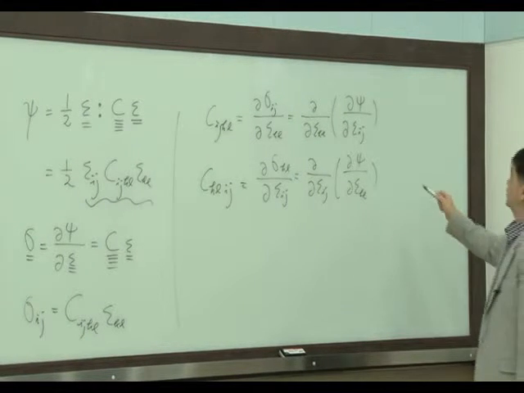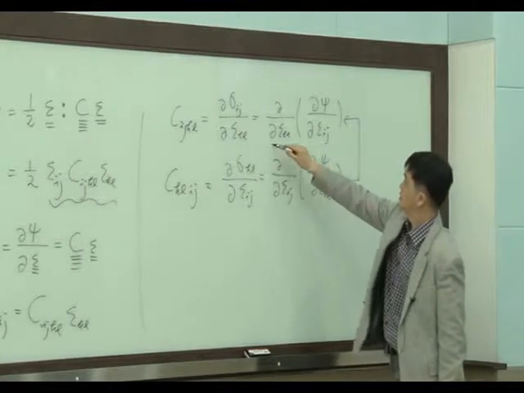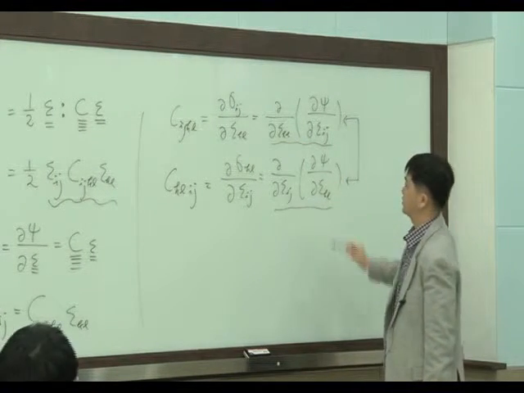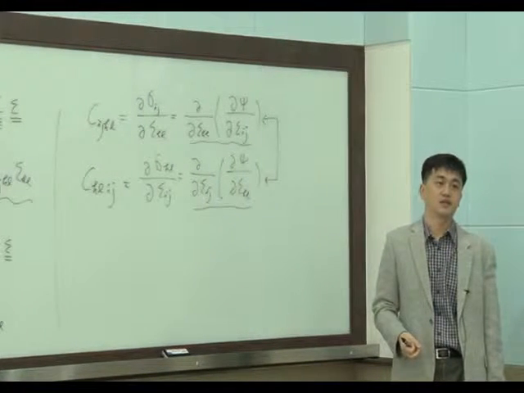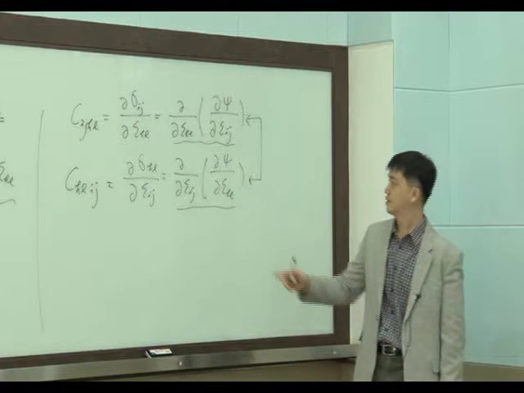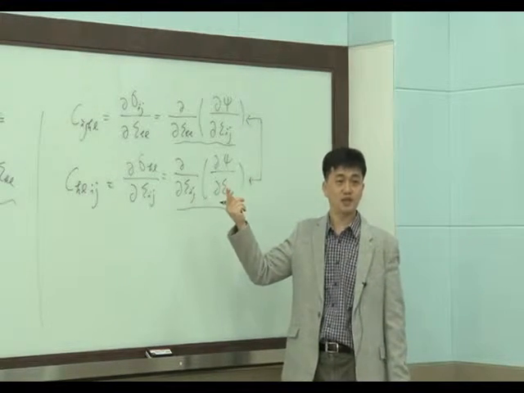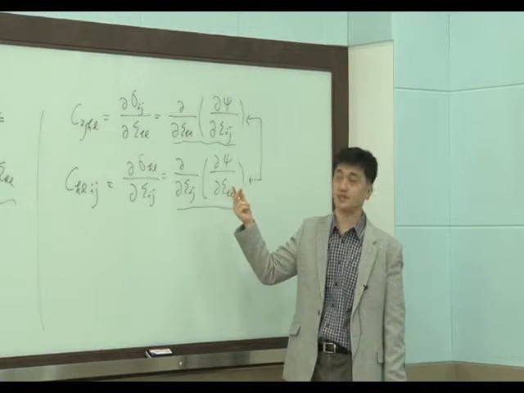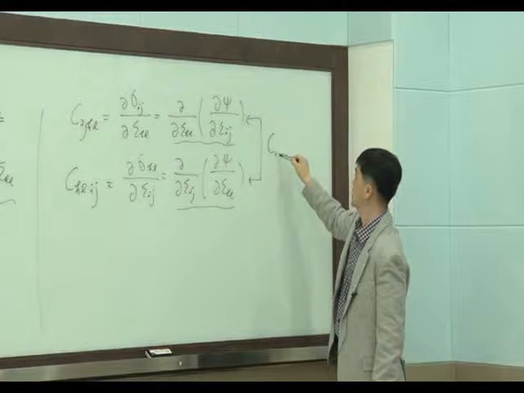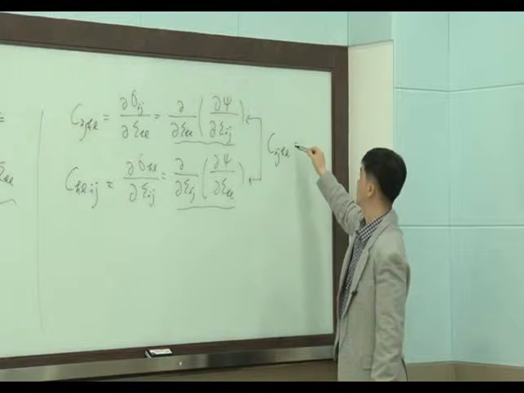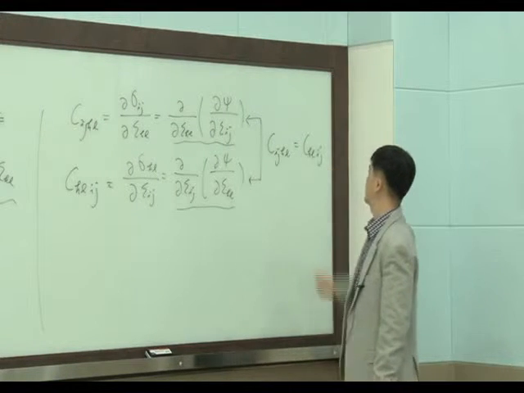Let's compare the first and second equation, this part and this part. Is that the same or not? Same, right? This component can be changed, and even if it's changed, it's still the same. So we can think C_ijkl equals C_klij, right?